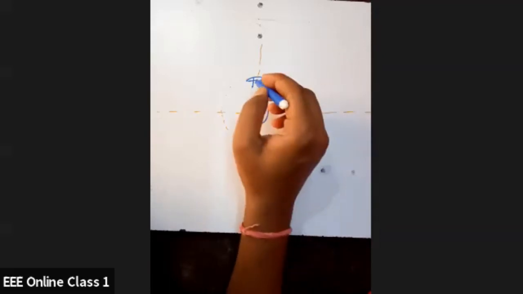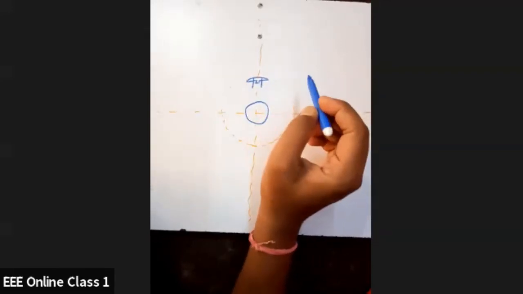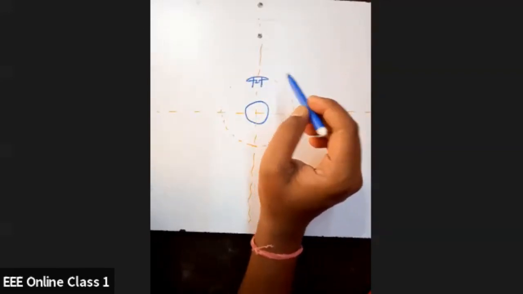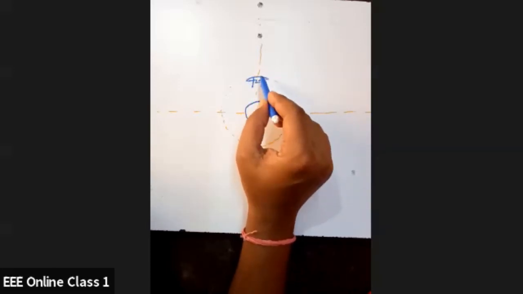So please remember, the diameter of rotor is given 46. So the pole arc should not cross 46 centimeter.